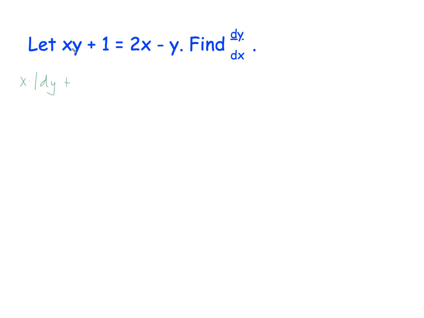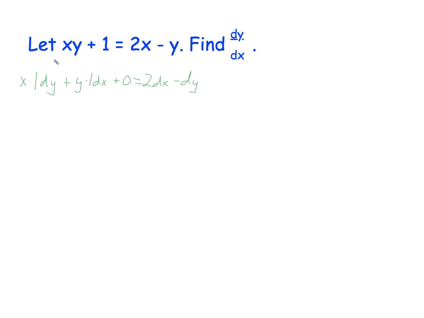So again, product rule, first times the differential of the second plus second times the differential of the first, plus the differential of 1, which is just 0. So we'll put it in there just so we remember we worked with that. And then on the other side, the differential of 2x is 2 dx, and the differential of negative y is negative dy.